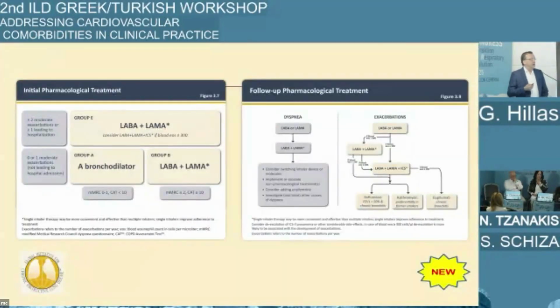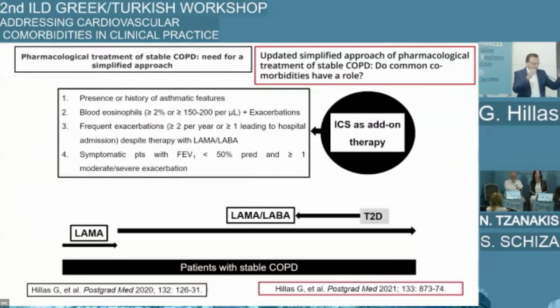At the moment, in the current COPD GOLD recommendation, a triple inhaled therapy as initial pharmacological treatment is recommended only in group E with blood eosinophils at least 300 per microliter. But based on results from big randomized clinical trials, we can hypothesize that inhaled corticosteroids could serve as a very effective treatment in COPD patients suffering from cardiovascular comorbidities.